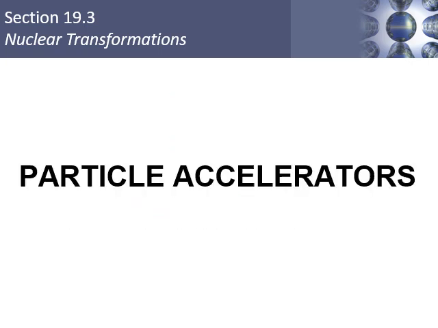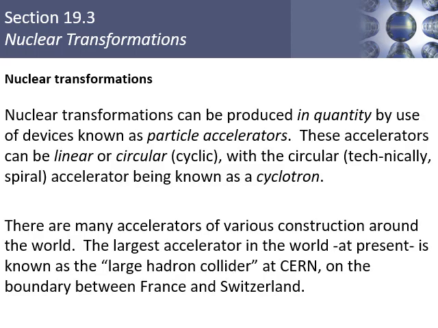Next slide. Let's just talk for about 1 minute about particle accelerators like cyclotrons. They can produce transformations. A cyclotron is basically a D-shaped thing, with a D on each side, where you introduce charged particles.